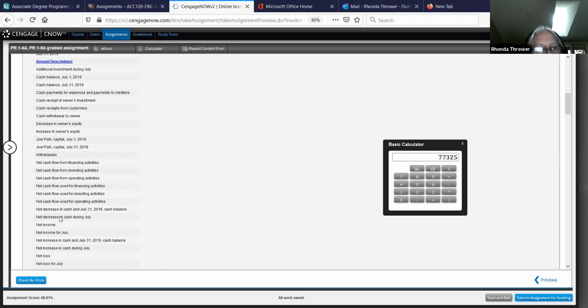And so the only thing that I can find here is the net cash that would be used for investing activities.